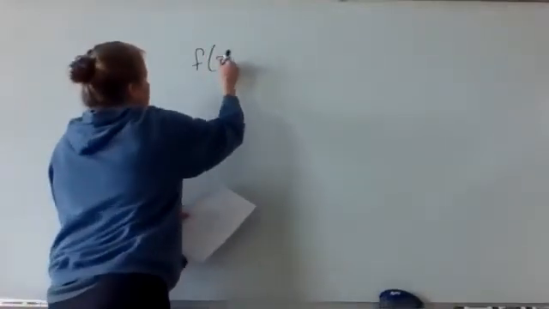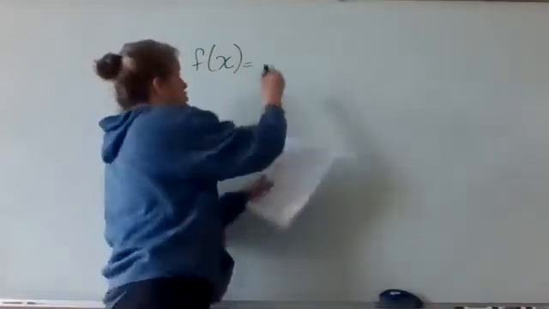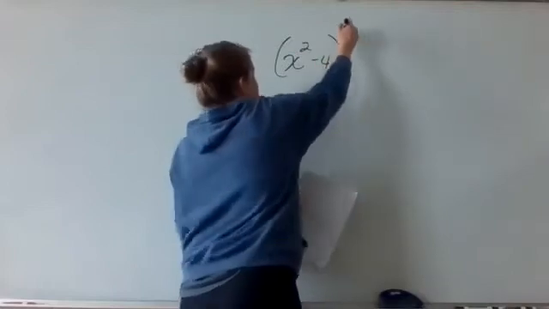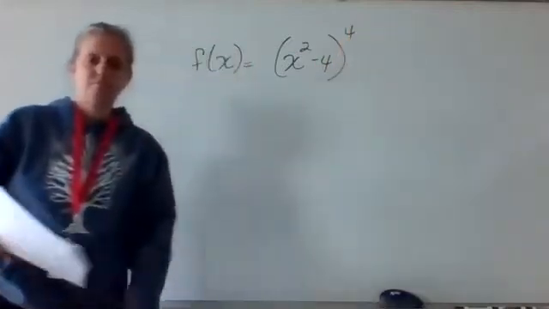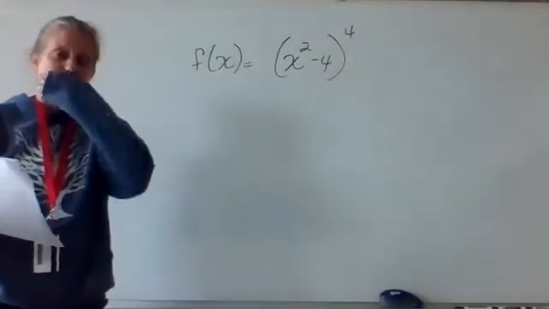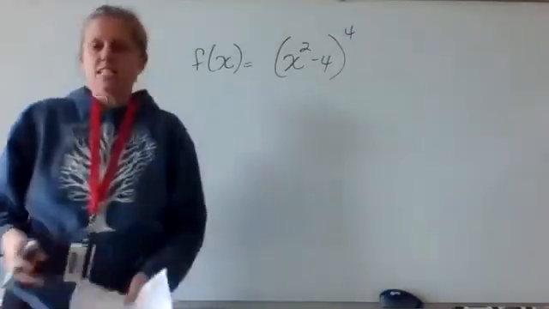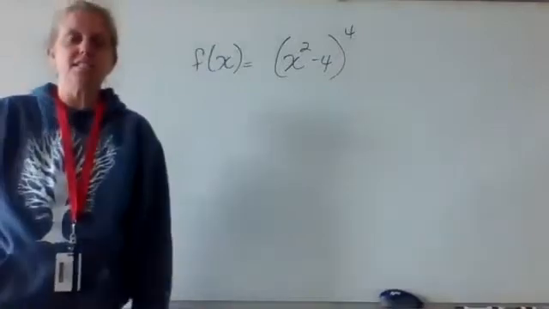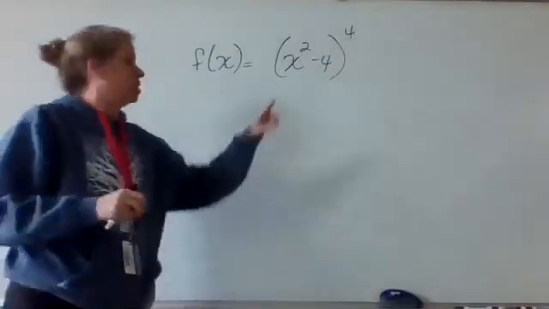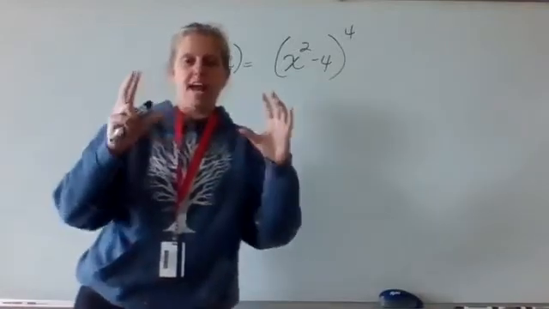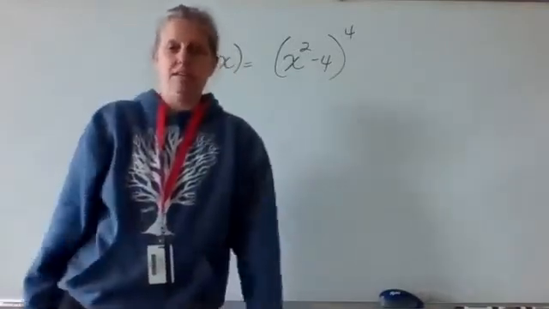Like number 6, the function is f of x equals x squared minus 4, to the 4th power. Okay, so inside here is not all the way factored, right? If it's factored, then your x doesn't have a squared anymore. It'll just be an x plus or minus something.